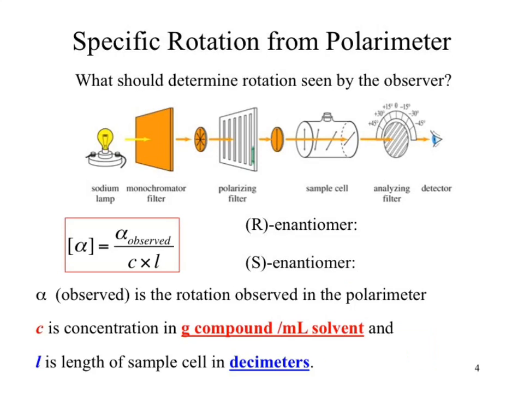If we change the concentration, we'll also change our observed rotation. We take all of those variables and put them together and cancel each other out such that we get one specific rotation for a particular compound. Okay, that will then be characteristic for that compound. We don't have to worry about where we're observing it or anything along those lines. We'll get the same answer.